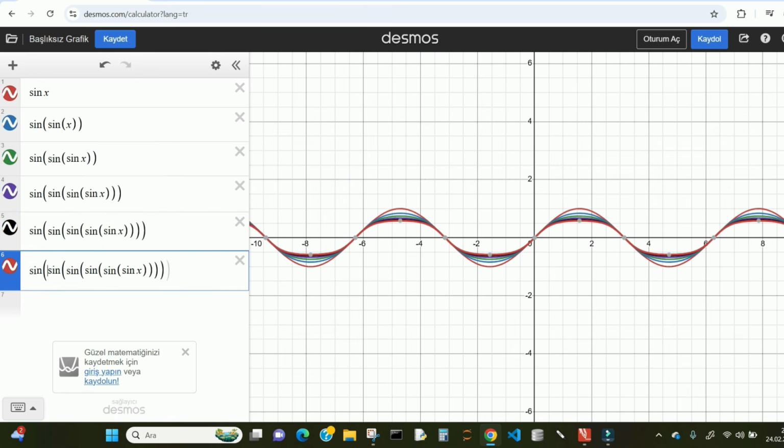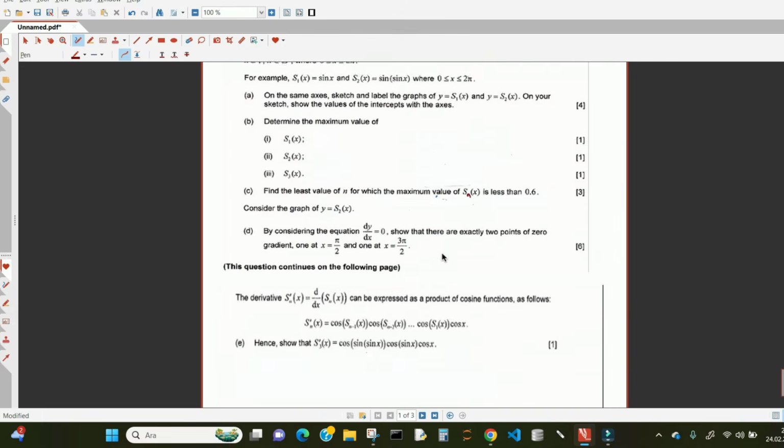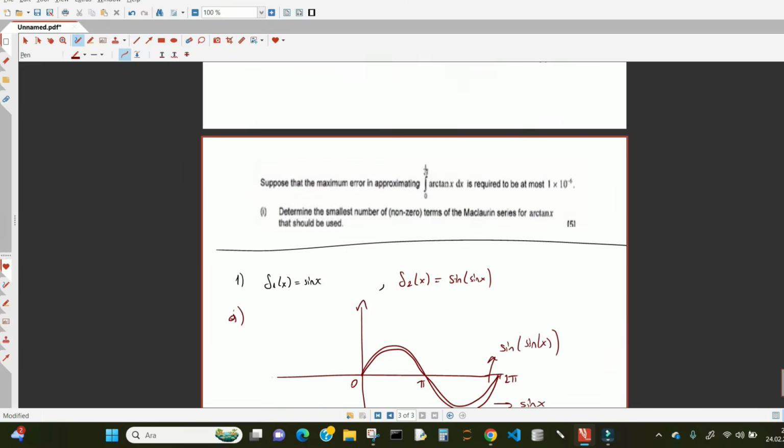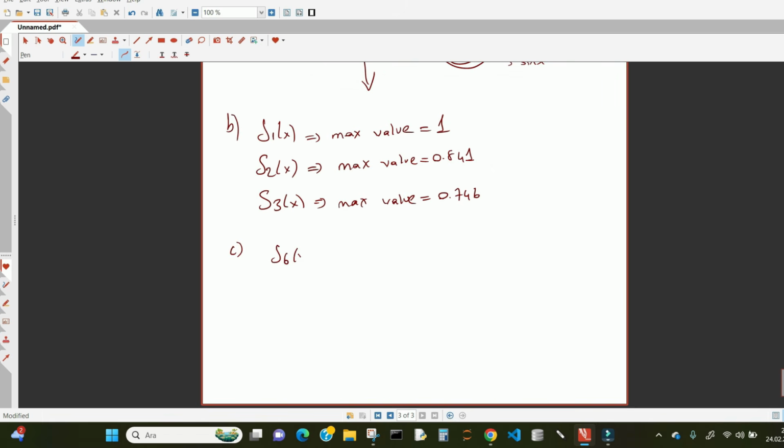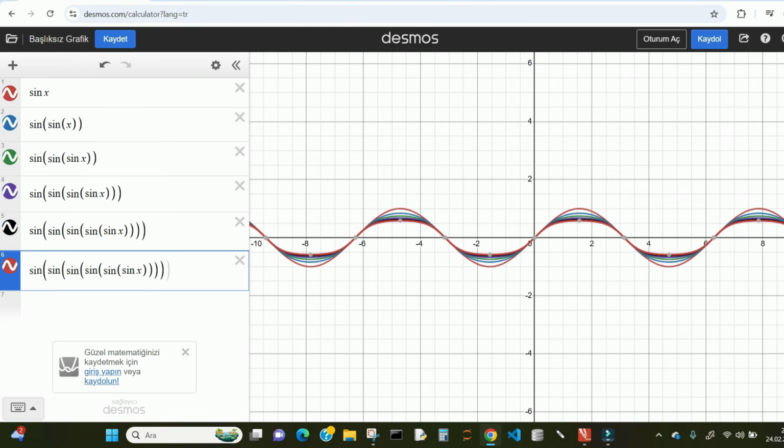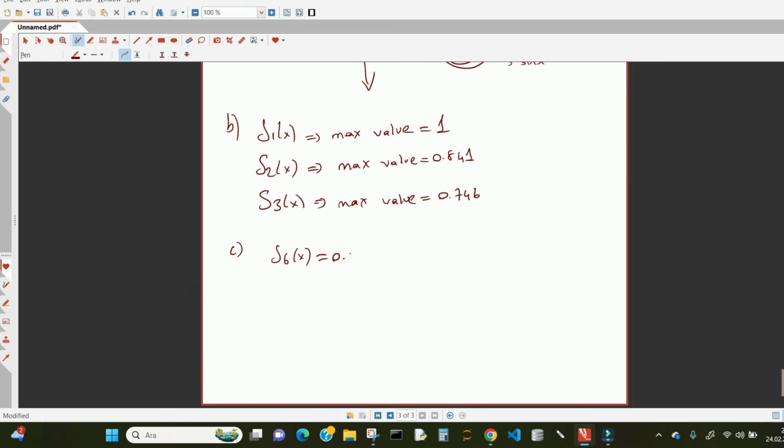Now this is 1, 2, 3, 4, 5, 6. It is S_6, and we found 0.587, which is less than 0.6.